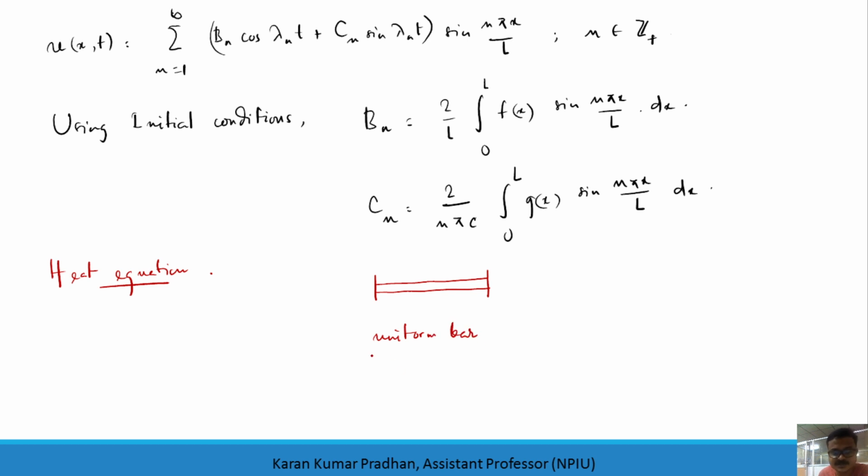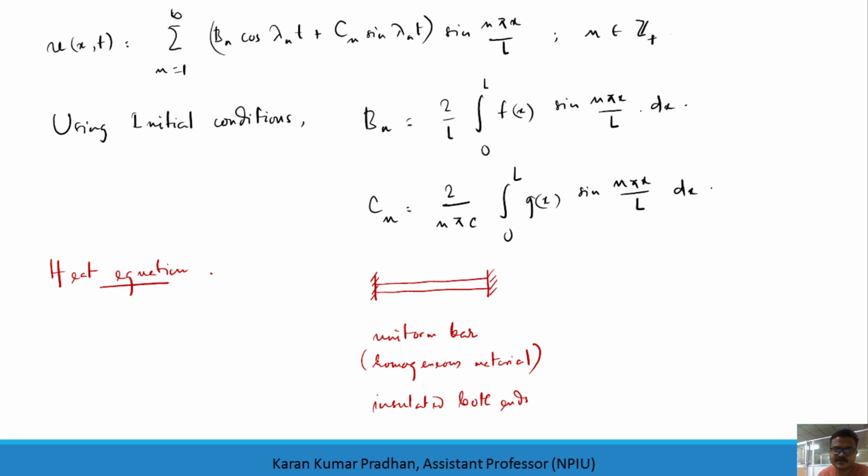Uniform means that the bar has a constant cross section, and it is made up of homogeneous material. It is insulated at both ends. So here I write that it is insulated at both ends. That will give you the boundary conditions.